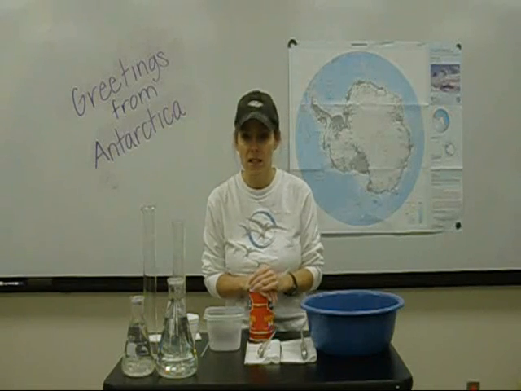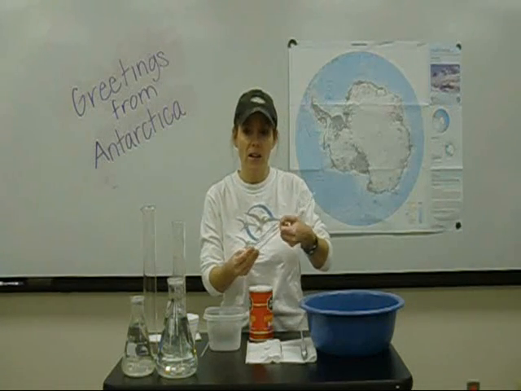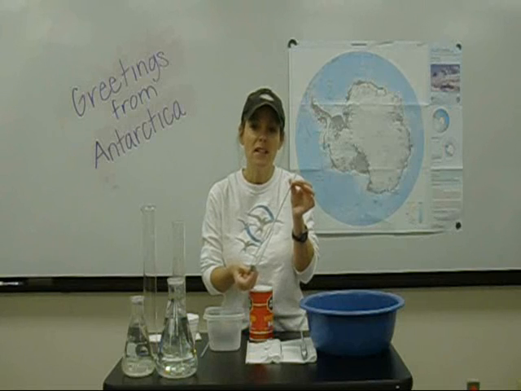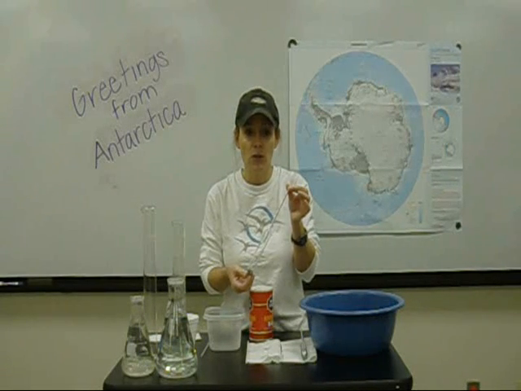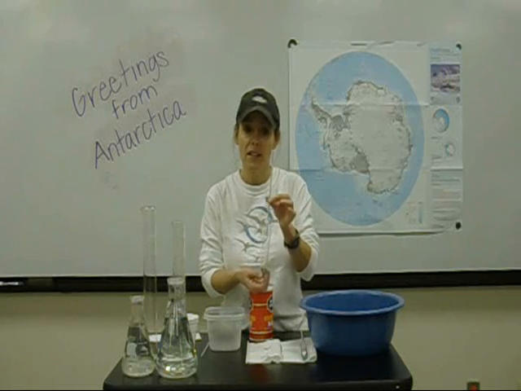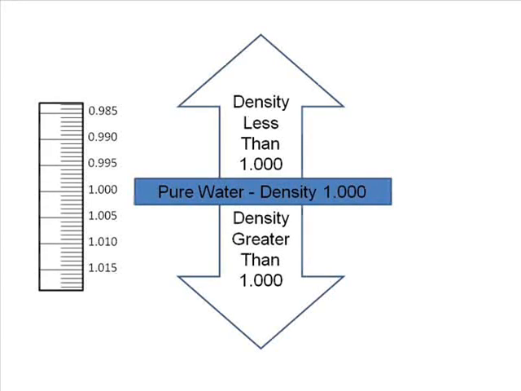So to compare the densities, we're going to use a hydrometer. A hydrometer is a special tool that measures the density of a liquid or solution. If the density of a liquid or solution is 1.0, that means the liquid has the same density as pure water.